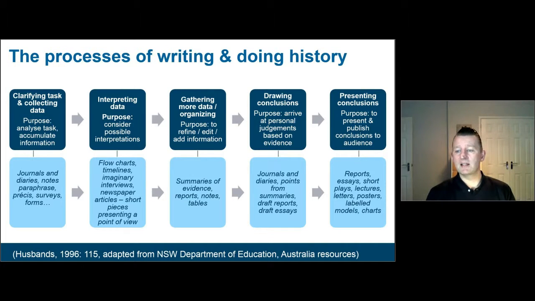And then finally we produce the final piece of work, which could be a report, an essay, it could be a play, a lecture to deliver to other students, it could be a letter, a poster, a labelled model. It could be charts to show the interrelationship between different factors. So it's useful to think about this so that we can have some clarity about the process of producing and working towards a final written account.